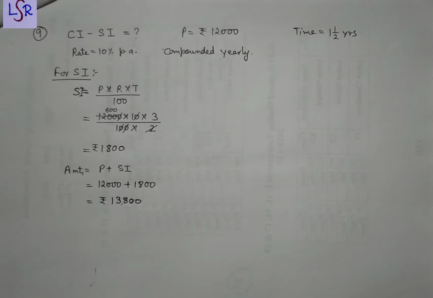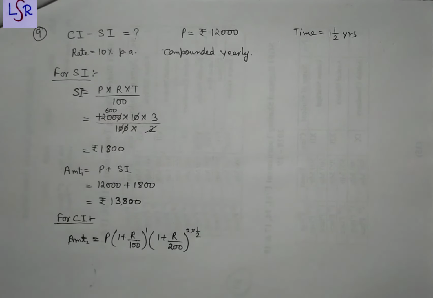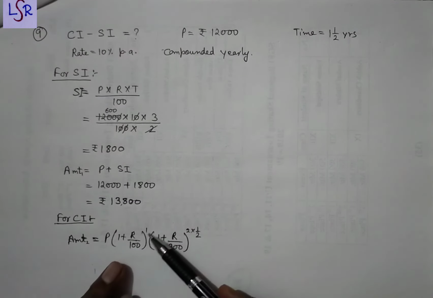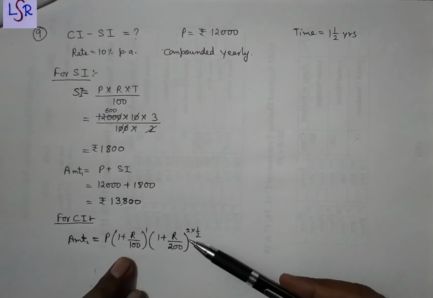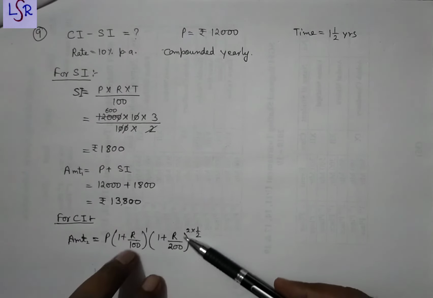After getting the value of the amount, we'll go for the CI, and here we get the value of the amount by using this formula. For the first year we are going to use the formula for compounded yearly, and for the next half year we are going to use the formula for half yearly.